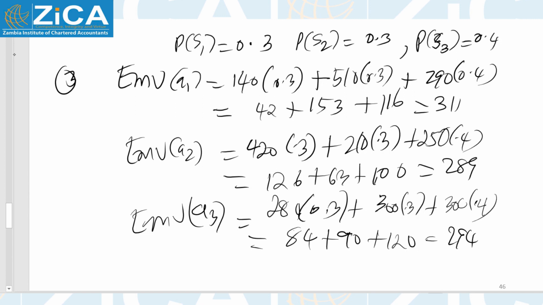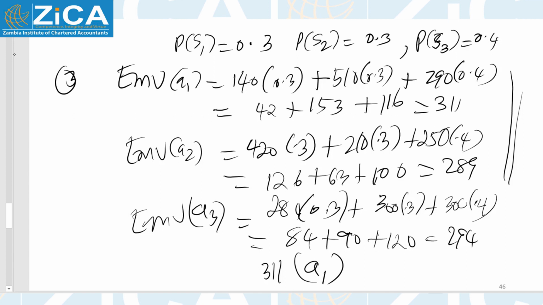Again, here you look at the maximum. The maximum payoff is 311, which goes with action 1. So we choose action 1.